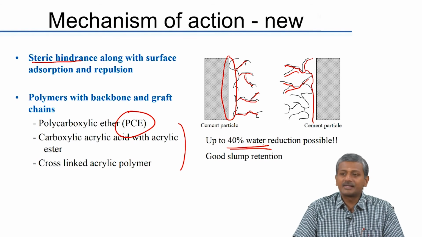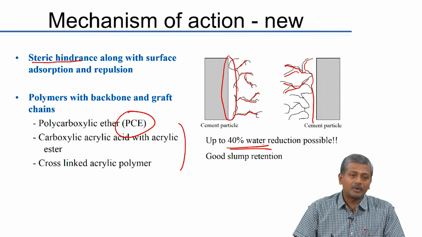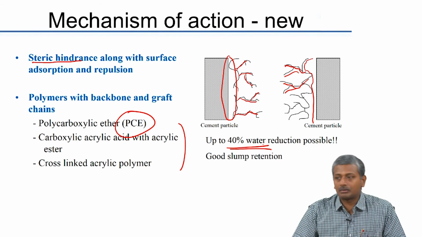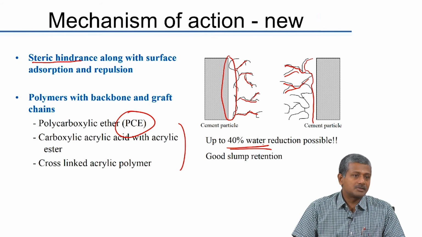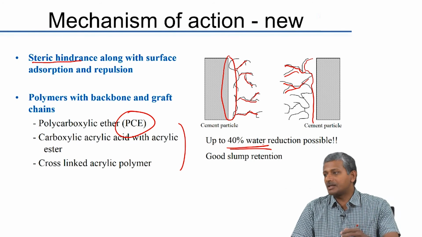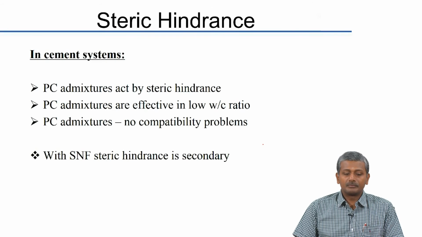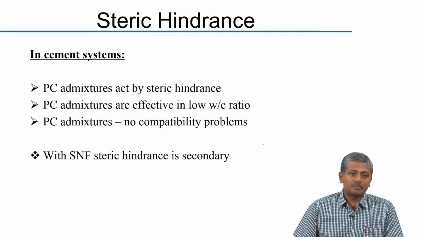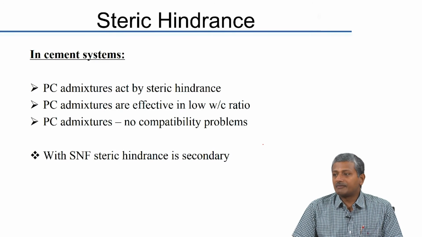Burj Khalifa, 600 meters vertically upwards, and you can imagine that the time taken for pumping the concrete up and then applying it on site in a self-compacting form would have been tremendously large, and the slump had to be maintained for a long period of time, and that was done effectively by the use of polycarboxylic ether based superplasticizer.